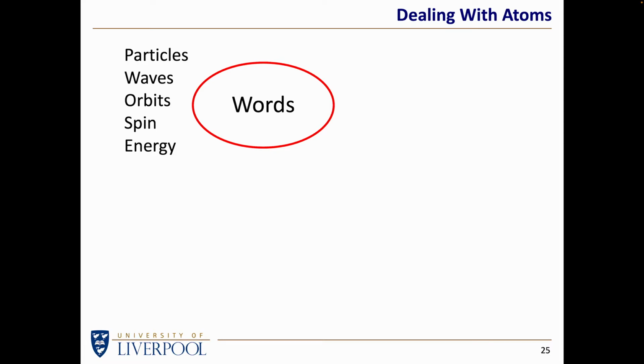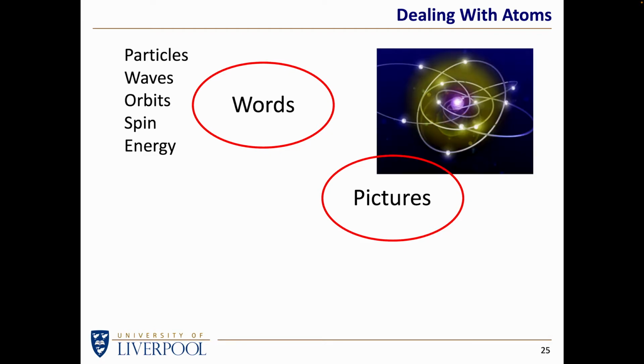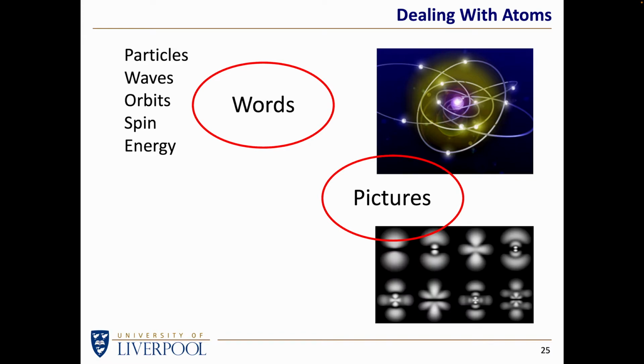So if words aren't very good, then should we just be using pictures? But we know pictures aren't very good because a picture always makes it look like a sort of clockwork system. And even a picture which recognises the fact that we should be dealing with probabilities rather than anything else, that's still only a pictorial representation of one aspect of how atoms behave.